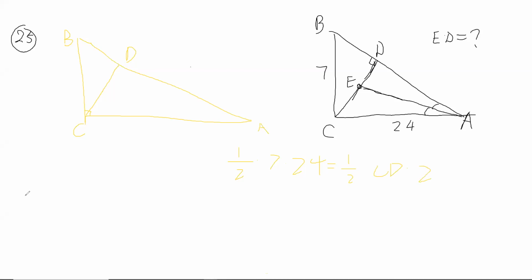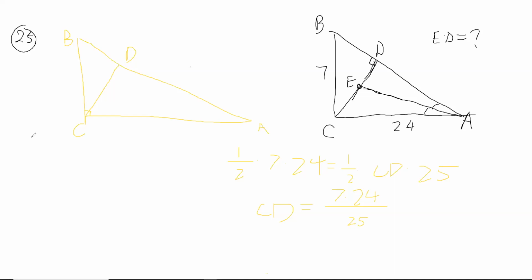And we got the length of AB using the Pythagorean theorem. So we'll find that CD equals 7 times 24 over 25. This is very good, using the area formula.